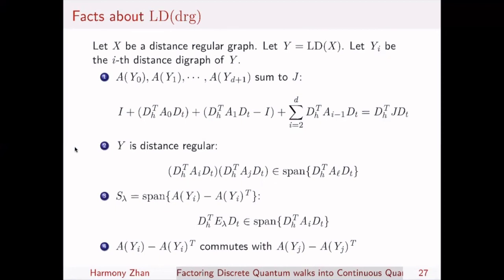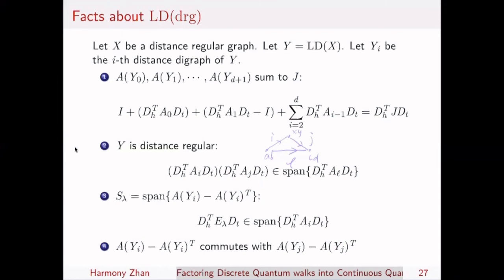And the second property is the line digraph of a distance regular graph is again distance regular. And what I mean by that is if you take any arcs ab, cd, and suppose the distance from ab to cd is l, then the number of third arcs xy that are at distance i from ab and from which cd is at distance j depends only on i, j, and l.